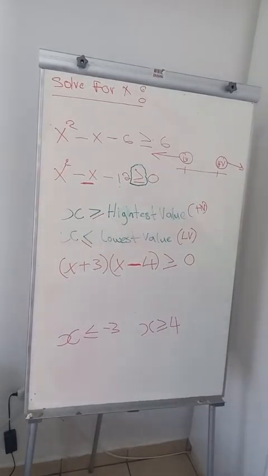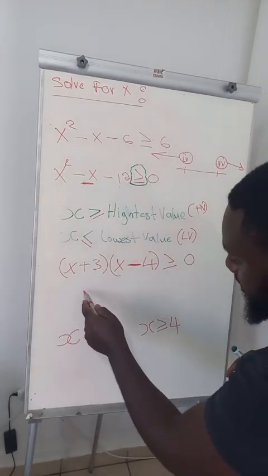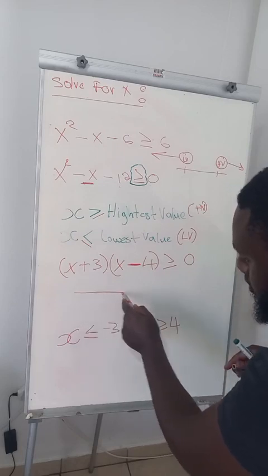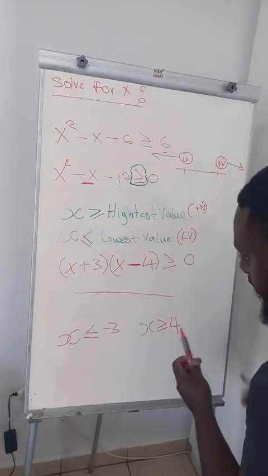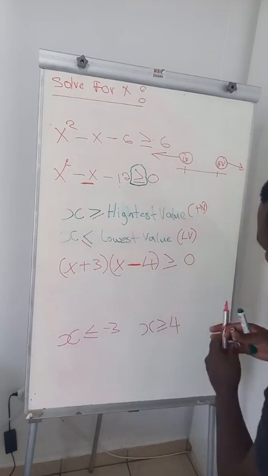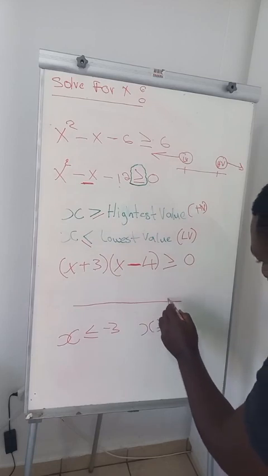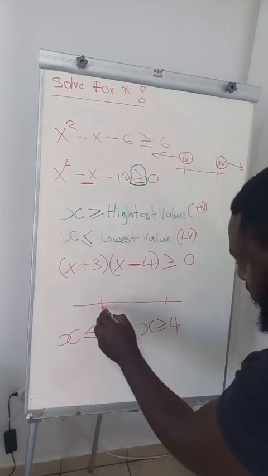Drawing a number line now, just because it has an equal sign, your number line will be something like this. Here you will have this, also this here.